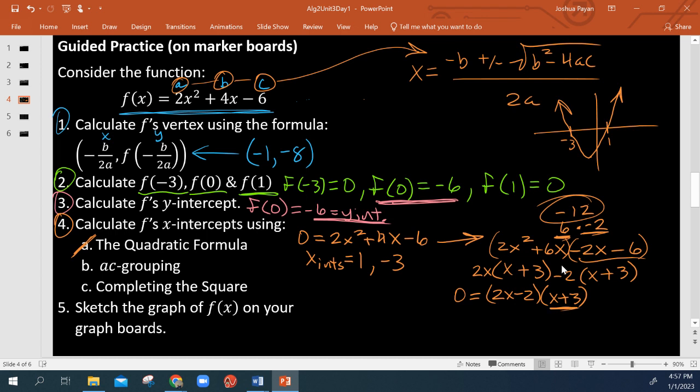So this parenthesis here gives me my solution of negative 3, because if I say x plus 3 equals 0, well, of course, one-step equation to solve that. This right here is going to give me my positive 1, because if I set 2x minus 2 equals 0, I'm going to add 2, divide by 2, and of course, x is equal to 1. Okay, so did AC grouping.